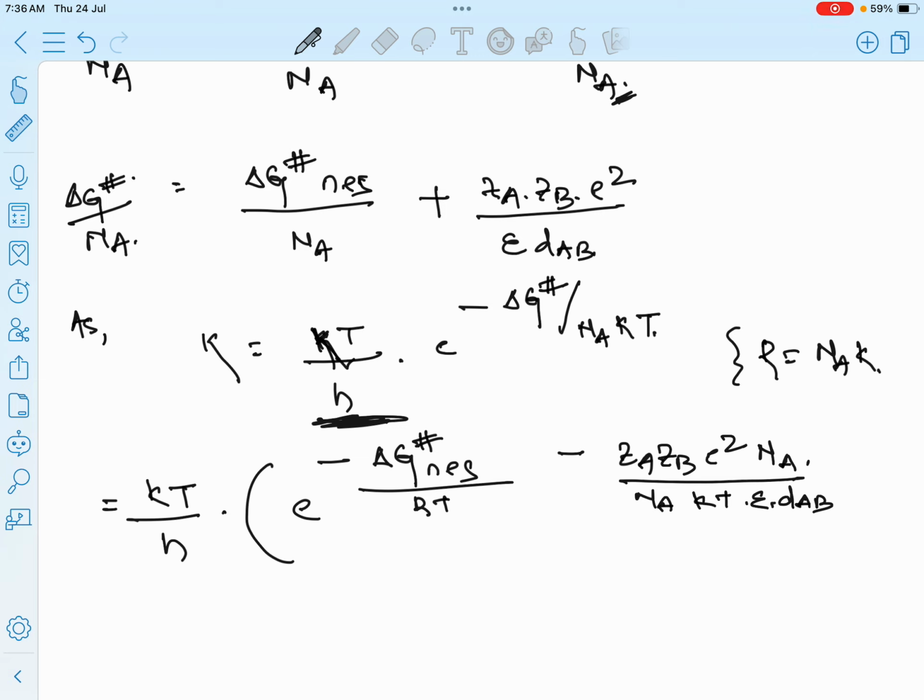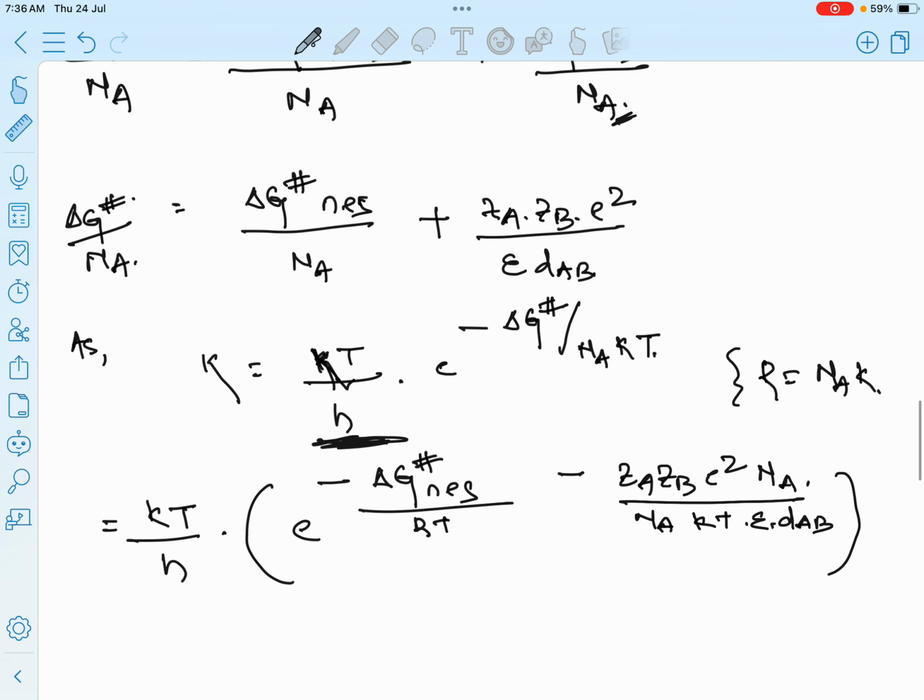This is the free energy of activation for Na number we have written.